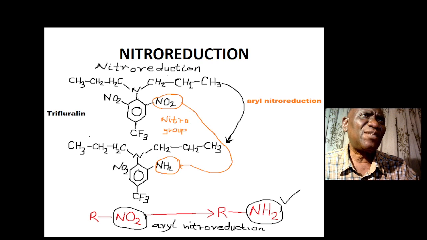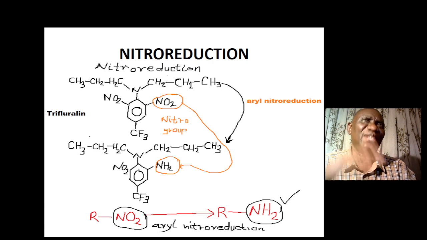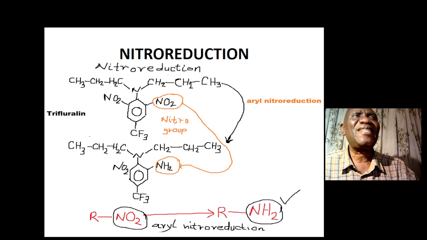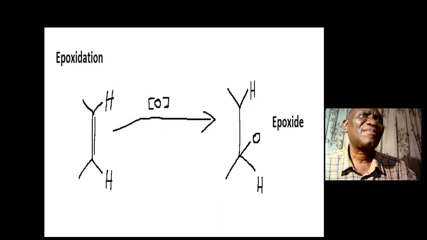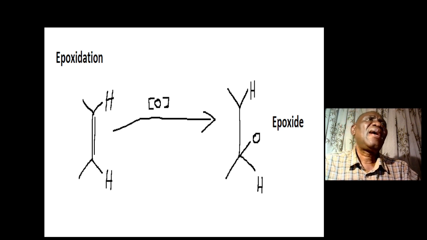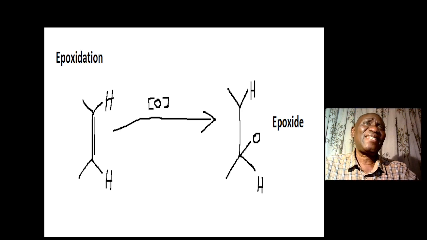This can be changed to an amine. The same thing here can also be changed to an amine. And we call this a reduction process. Now, to be specific, we say nitro reduction, meaning that we have got this nitrogen here, or the nitrate. This is now a new process. Reduction is one reaction.